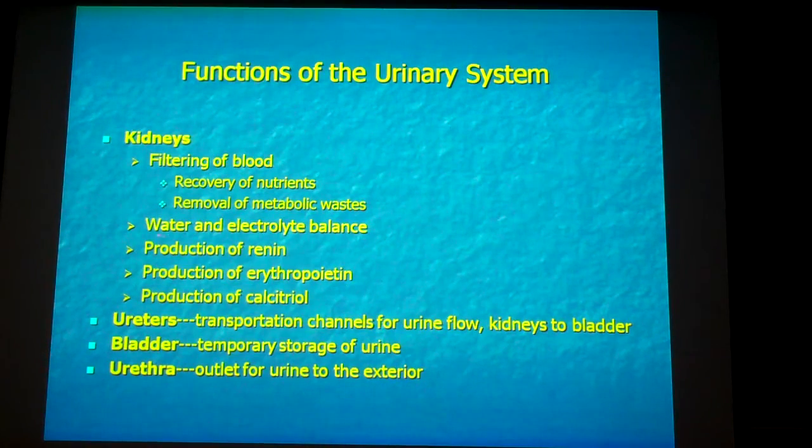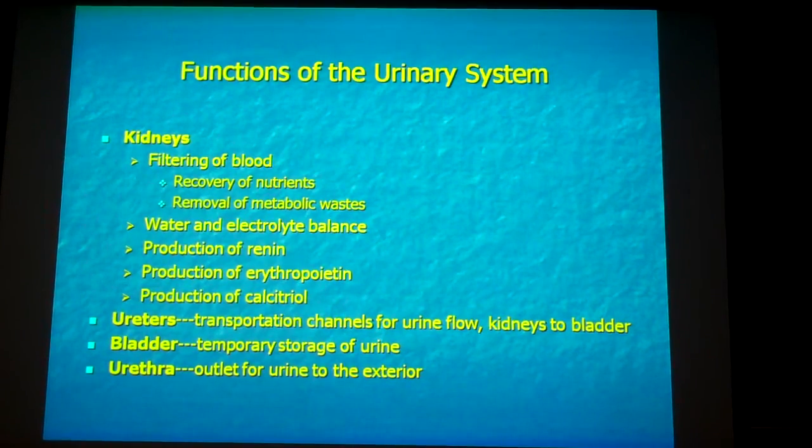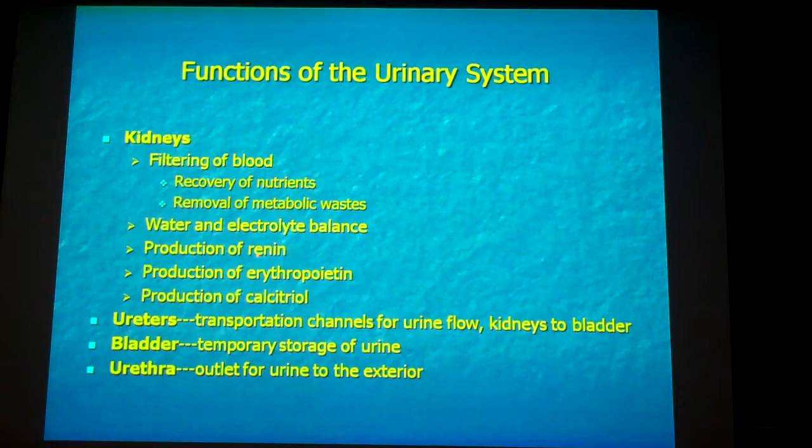All right, we're going to find out that the kidneys have a major role in water and electrolyte balance. We're going to find out that renin, which is an enzyme, which is part of the renin-angiotensin system, comes from the kidney. We already know about this hormone, don't we?